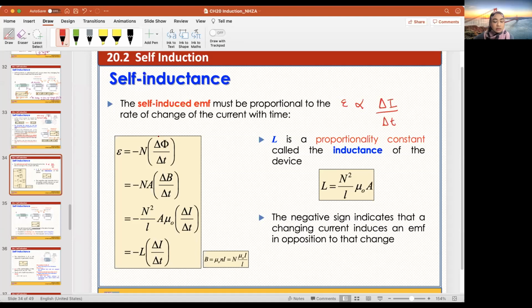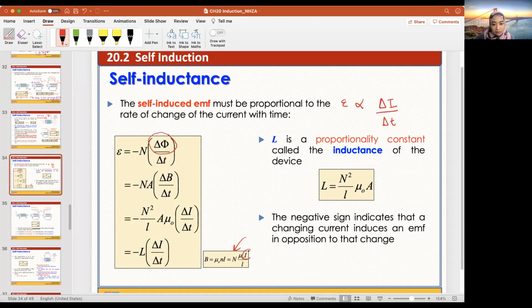We expand the magnetic flux to be NA delta B over delta T. And we know what B is. B is from our chapter 19 or chapter 20, I don't remember. So N mu naught I over L. So you just substitute that inside.